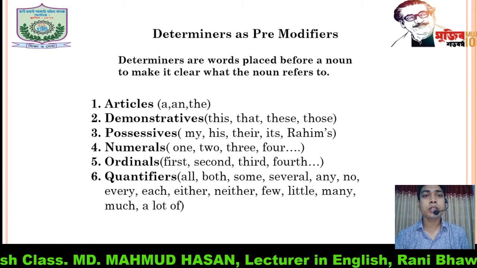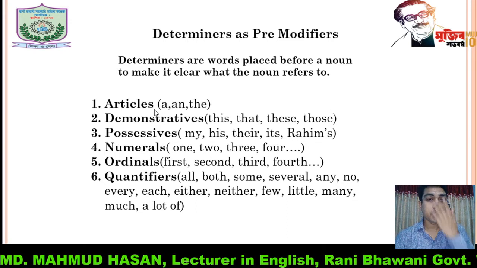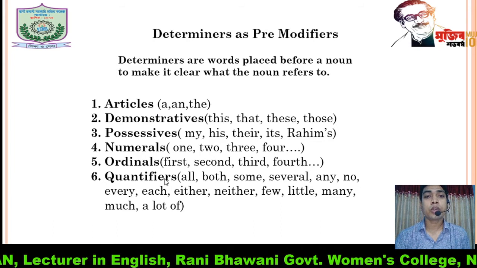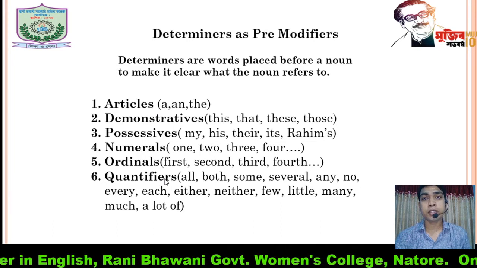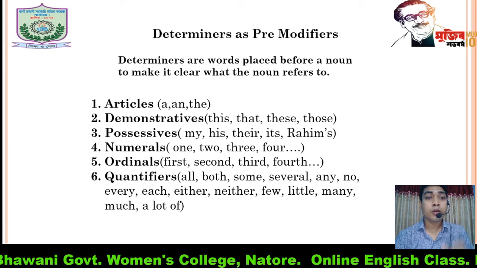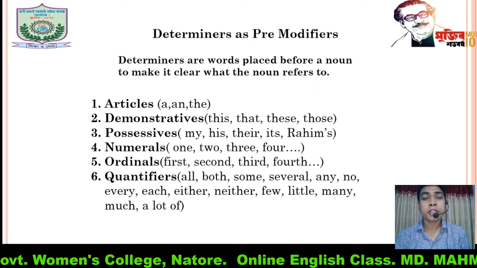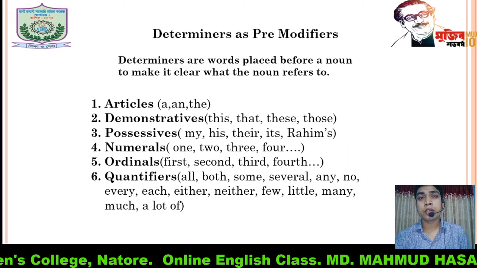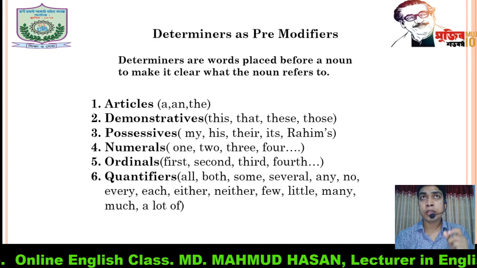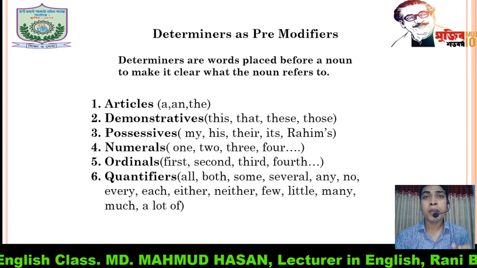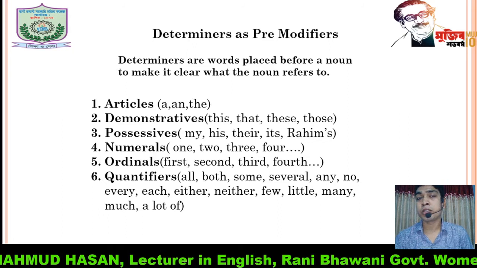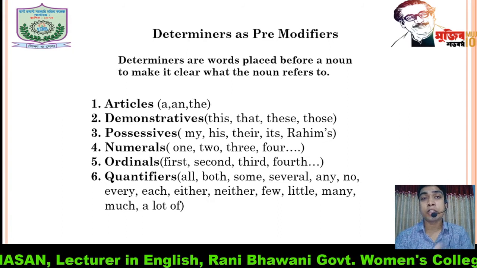So my dear students, articles, demonstratives, possessives, numerals, ordinals, and quantifiers all are determiners in English grammar. And all these determiners are placed before a noun, and these words make the noun accurate and refer to that particular noun. It adds additional information.